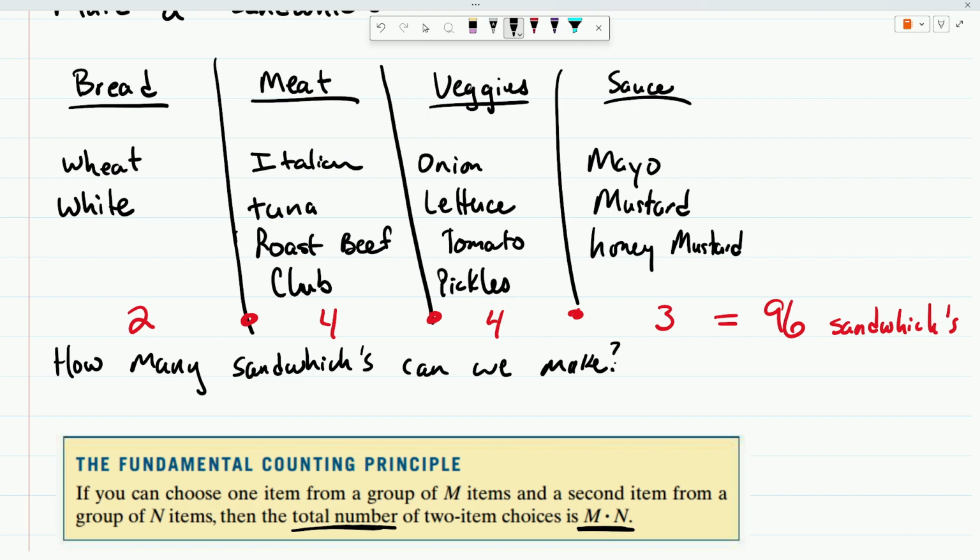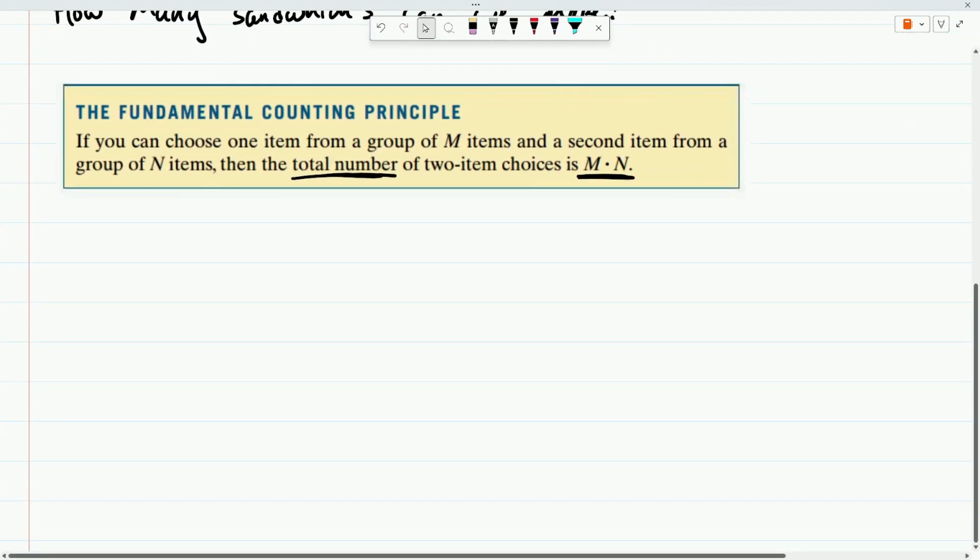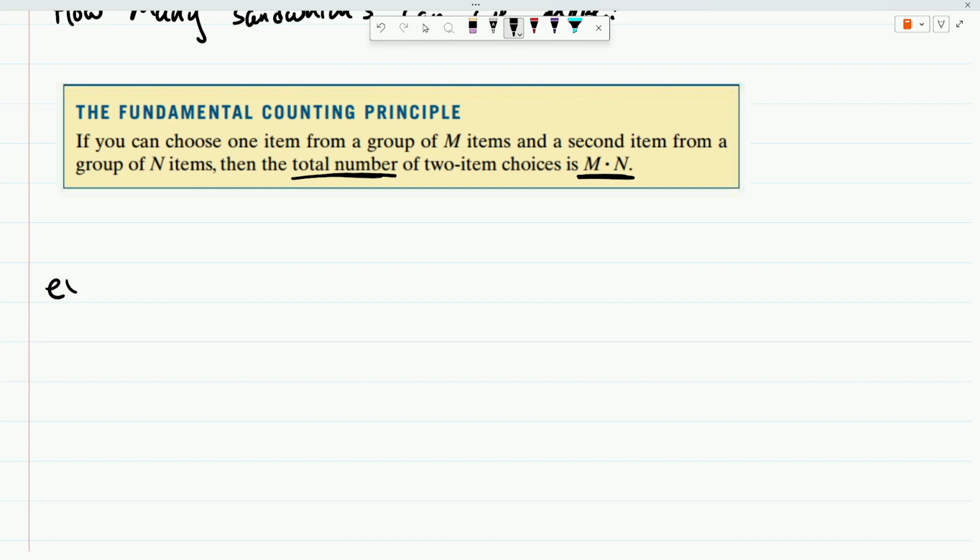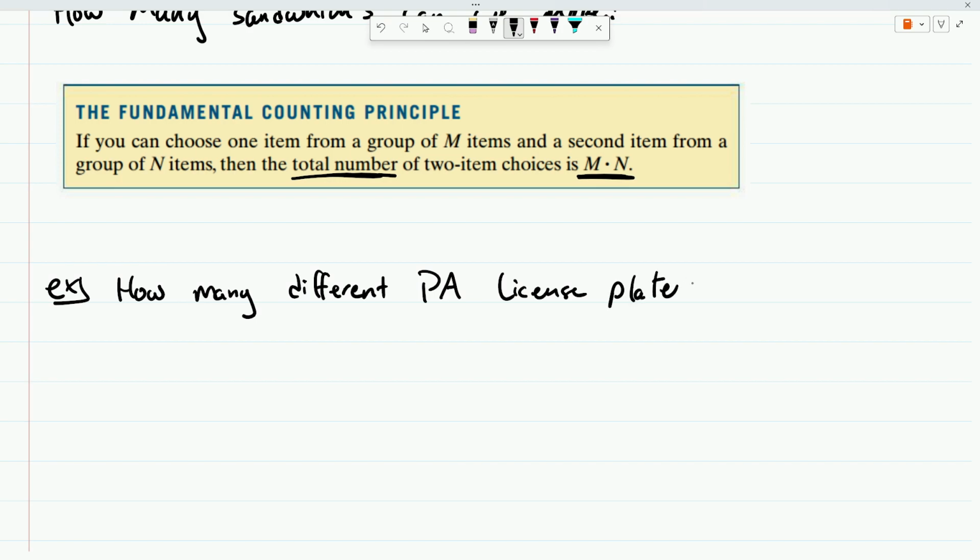Now, sometimes it's very straightforward like this. All right, here's another example. How many different PA license plates can we have?